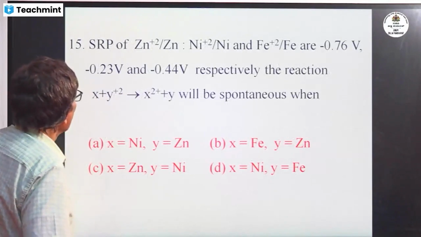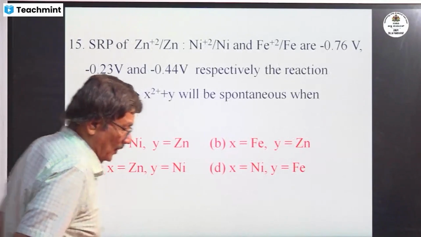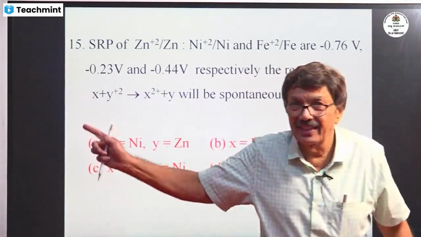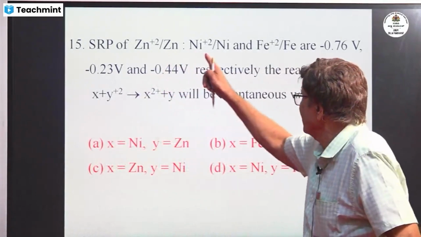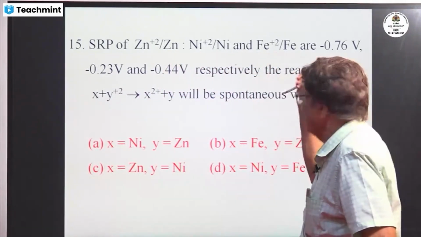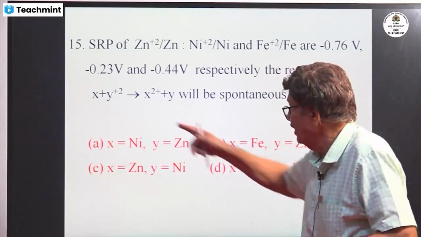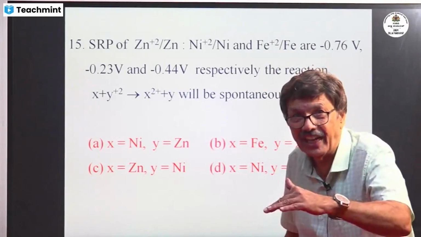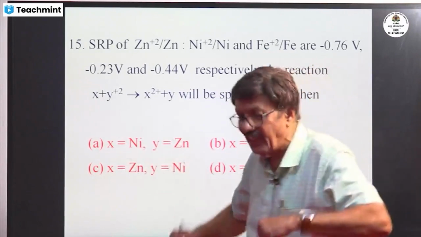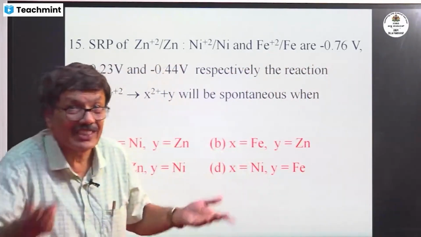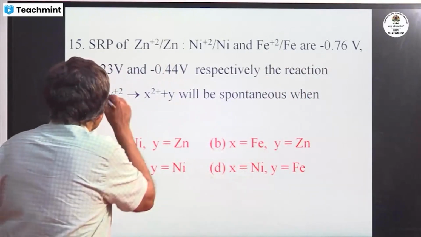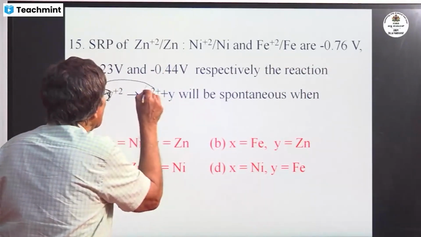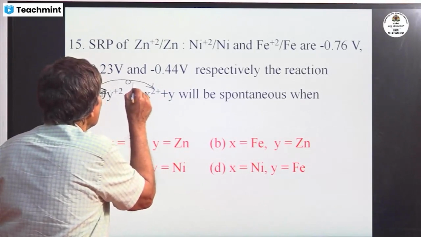Yes, see here. SRP of zinc, nickel, iron, and the values there. This is the reaction. From this reaction, can you identify which is oxidized and which is reduced? X became X plus 2. Is it not oxidation?